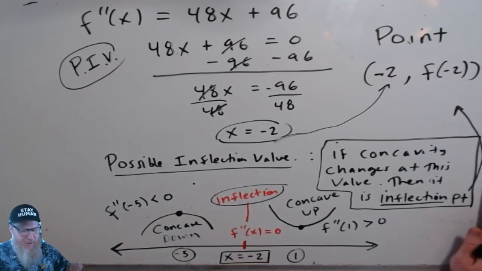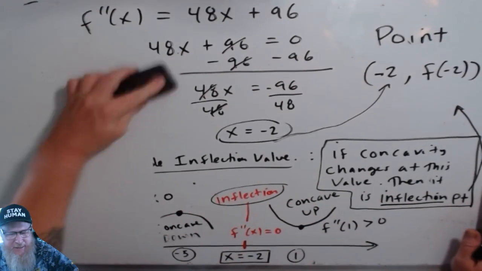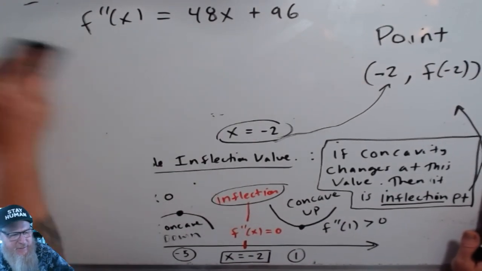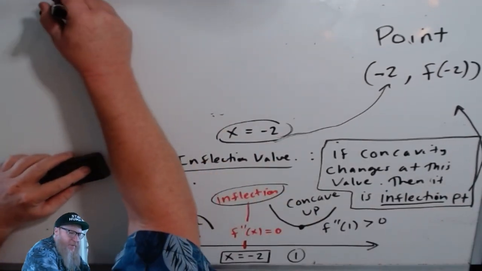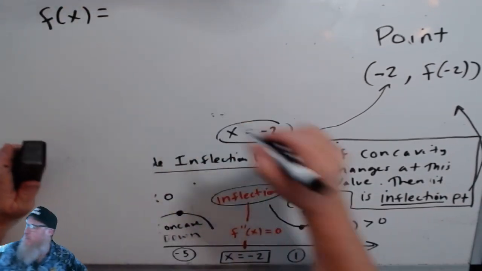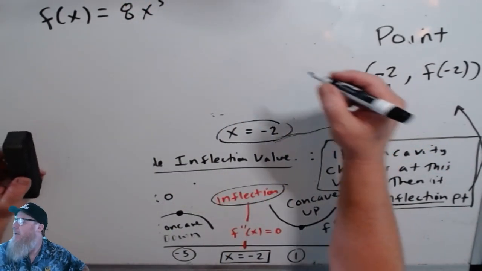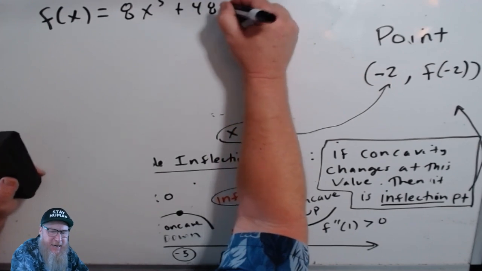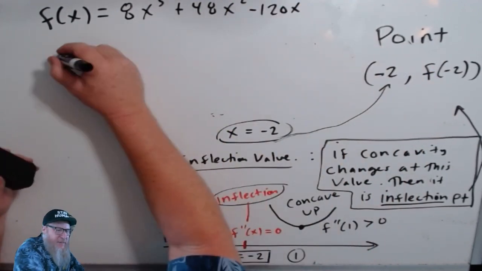All right. So I guess a summary of all of this. So f of x was 8x cubed plus 48x squared minus 120x.